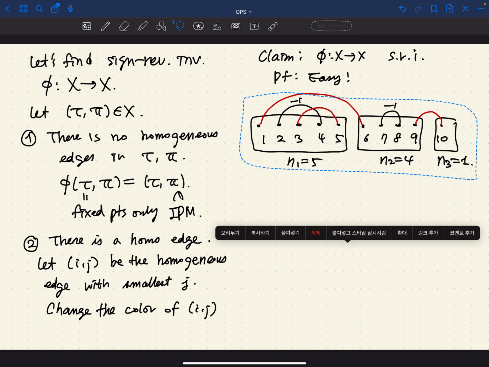So decorated, you should think of this as like cycle. For example, maybe 1, 2, 4, 3, 5. So we have some decorations.